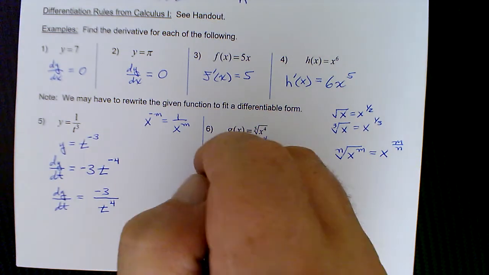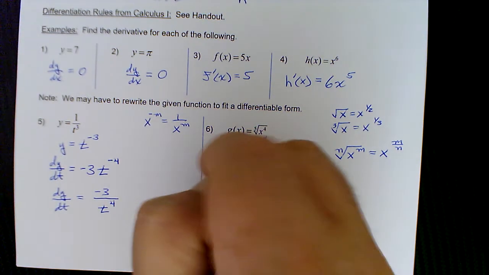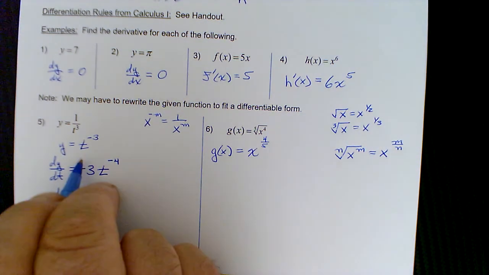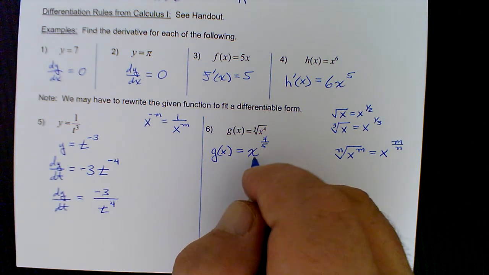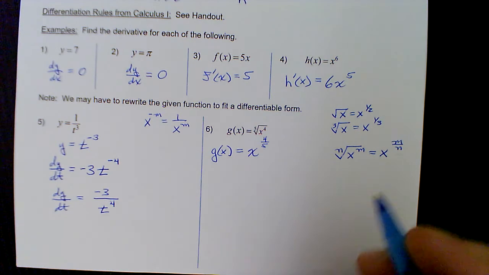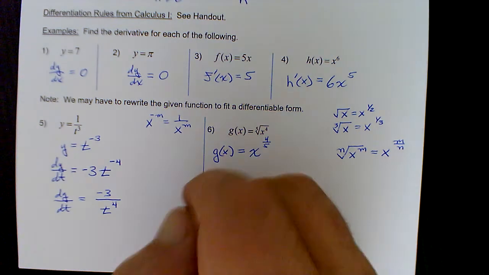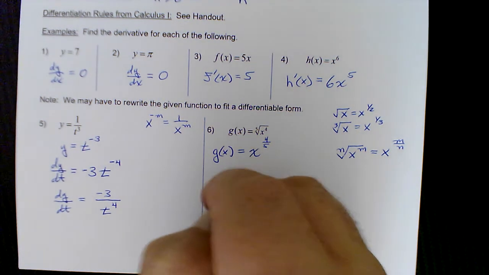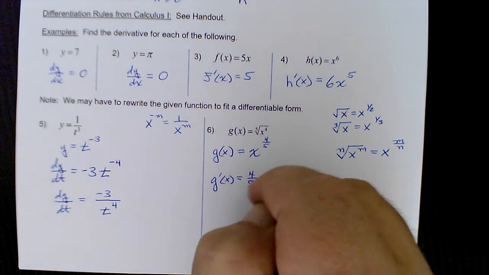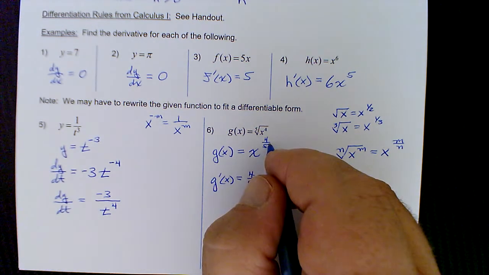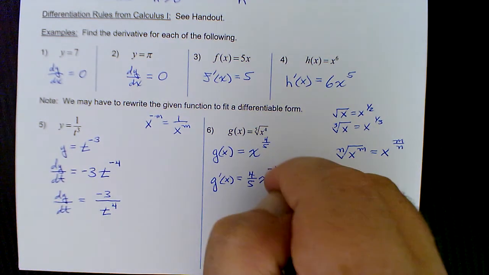And notice that it's still g of x, just like I should have pointed out here in this step when we rewrote. It was still y because we didn't do any calculus. But now we're ready for the calculus because it's fitting the differentiable form of x to the n. So now g prime of x would be, swing down 4/5, x power 1 less than 4/5 would be negative 1/5.